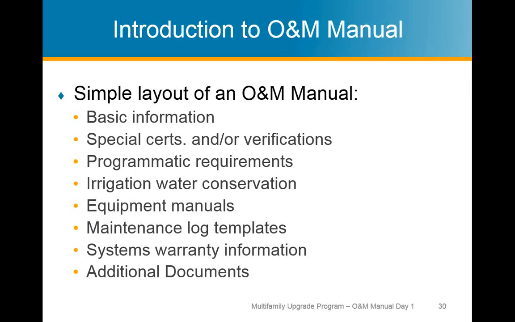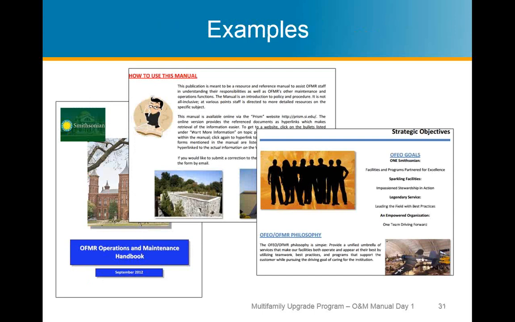So very, very important. And then lastly, the additional documents or the miscellaneous section, anything that is of pertinent value can go there. So examples of operations and maintenance manuals, the takeaway here is really that operations and maintenance manuals need to contain a certain classification of items or a certain list of items.